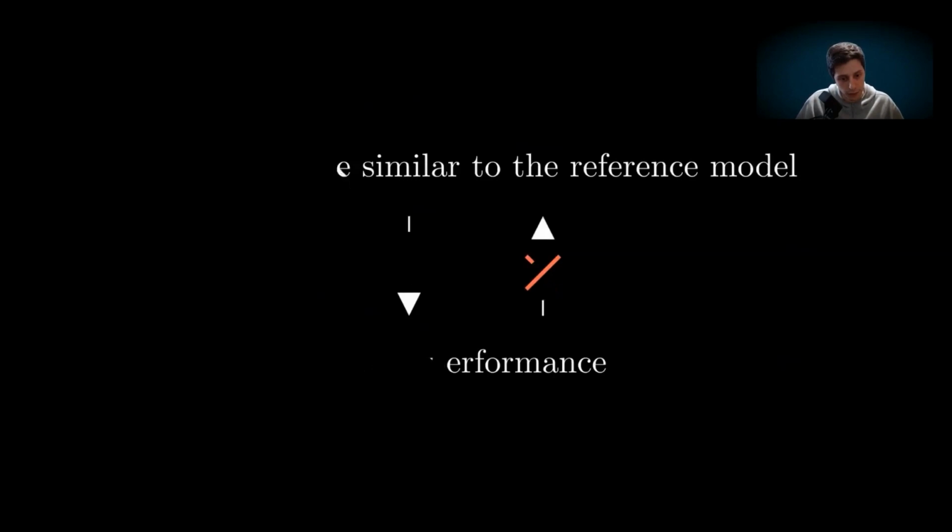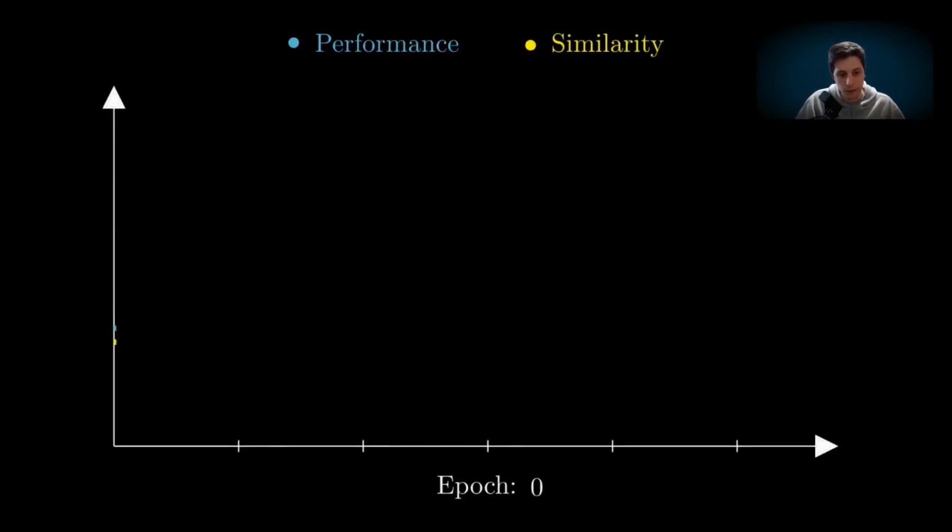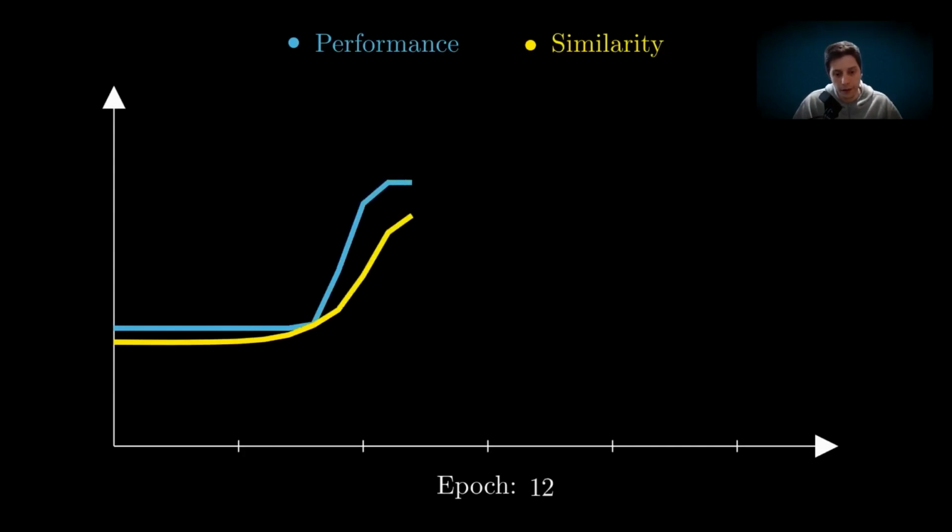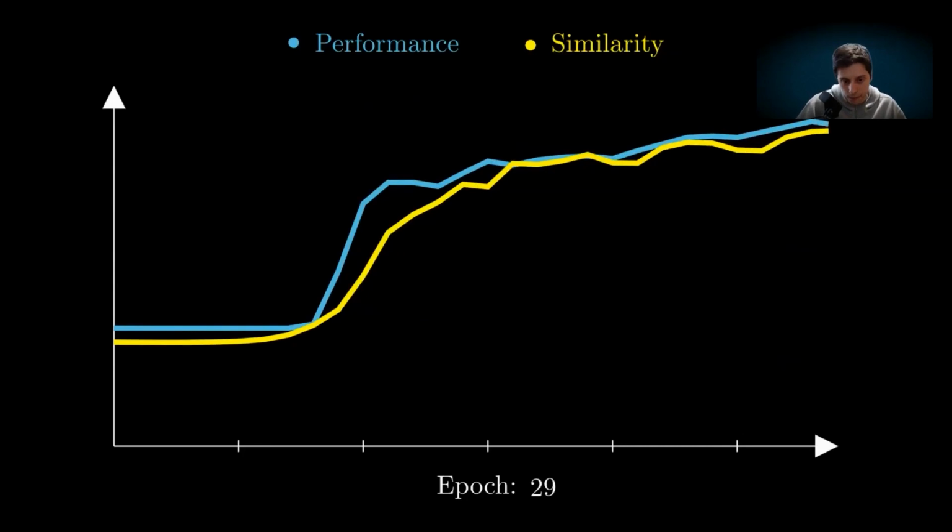Note that there is nothing to support the other direction. So you may have good performance even with a model that is not similar to the reference model, because there might be other latent spaces that are completely different, but still good enough to solve the task, or even better, we don't know. This is very interesting because this correlation also holds over time.